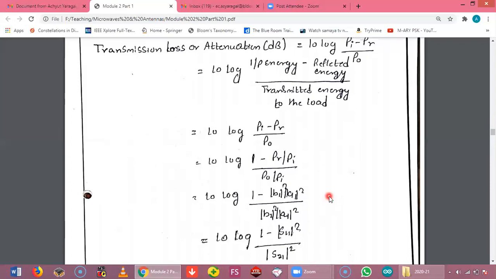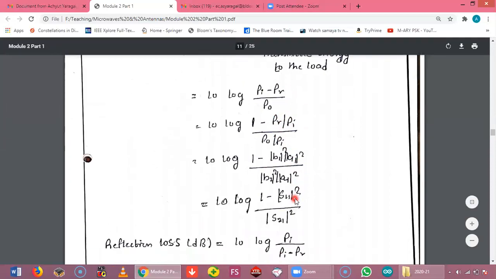So in this equation, I just wanted to cancel the Pi, so I'm dividing the whole equation, numerator and denominator, by Pi. Pi divided by Pi will give 1. Pr divided by Pi gives this one, and P naught divided by P1 here. So you know the Pr value at port 1.